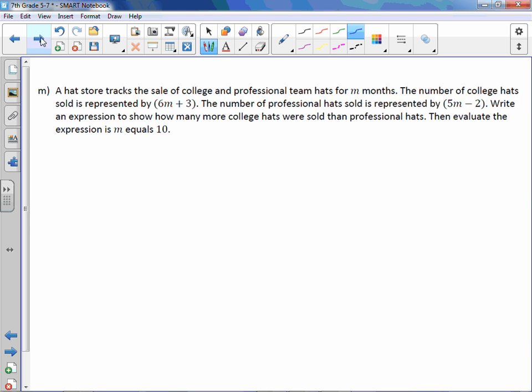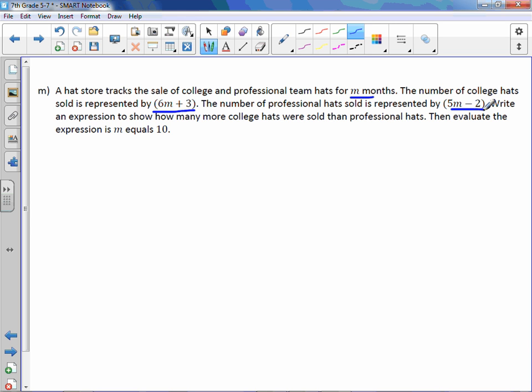A hat store tracks the sale of college and professional team hats for M months. The number of college hats sold is represented by 6M plus 3. The number of professional hats sold is represented by 5M minus 2. Write an expression to show how many more college hats were sold than professional hats.